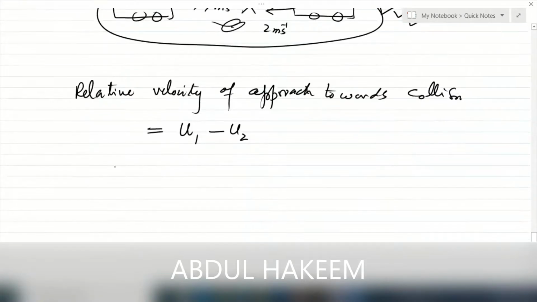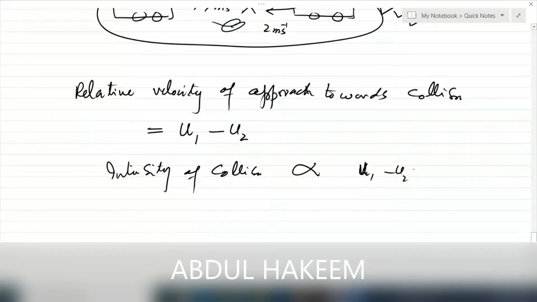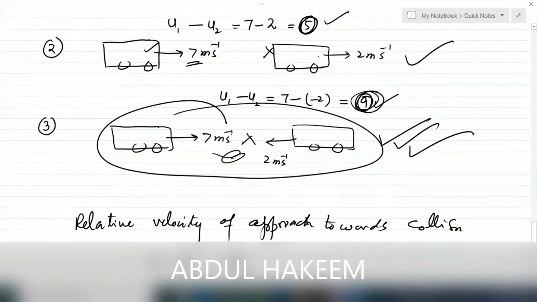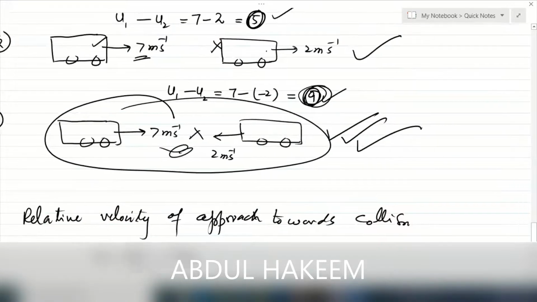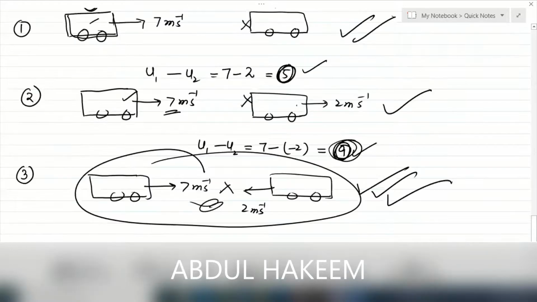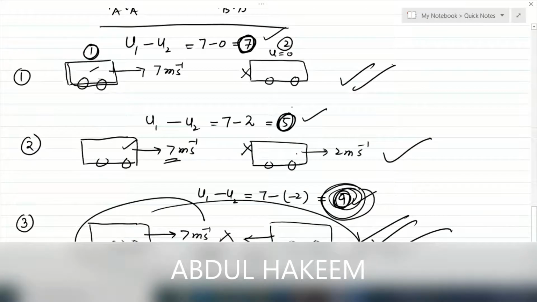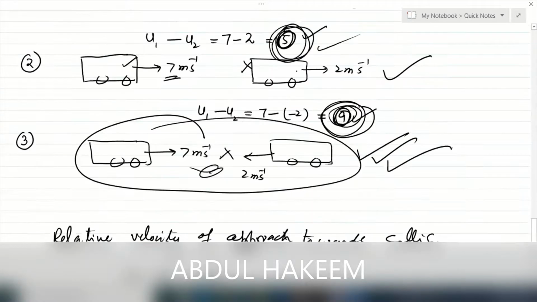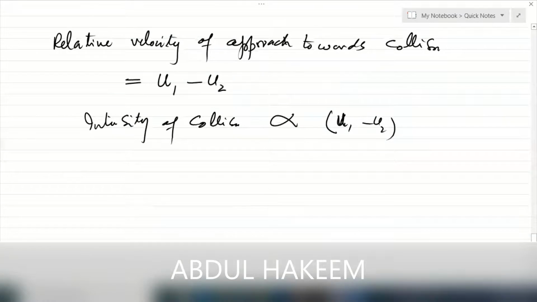So we can write that intensity of collision is proportional to u1 minus u2. If the intensity is maximum, it means the relative velocity of approach towards collision is maximum. If intensity is minimum, then the relative velocity of approach is also minimum. So intensity of the collision depends on the relative velocity of approach towards collision, which is u1 minus u2.